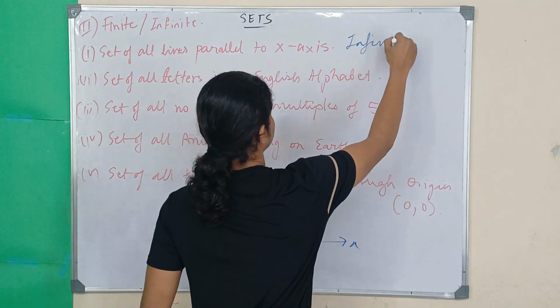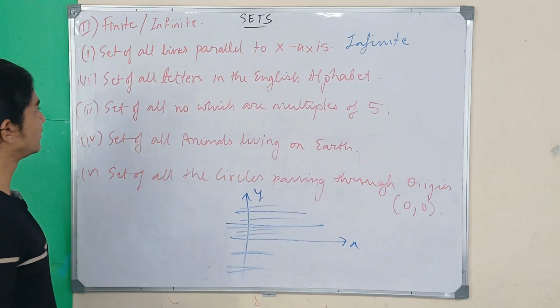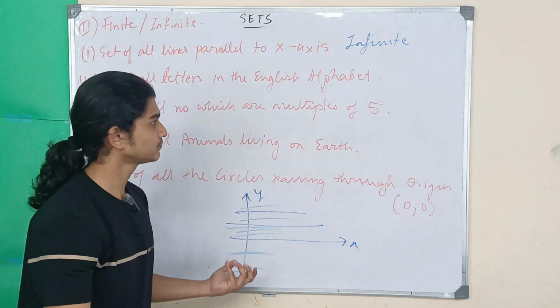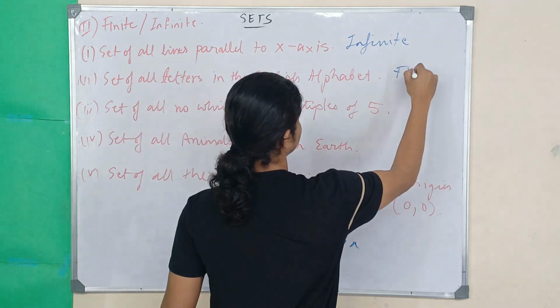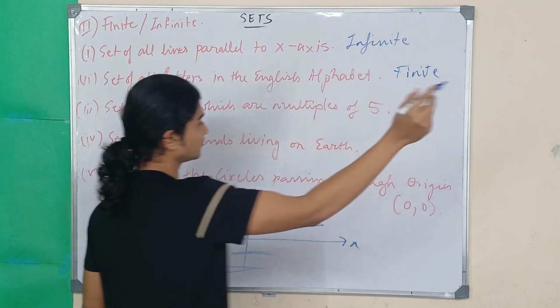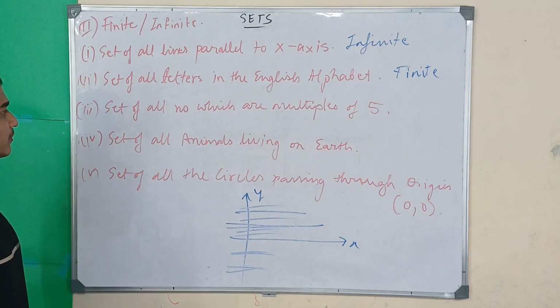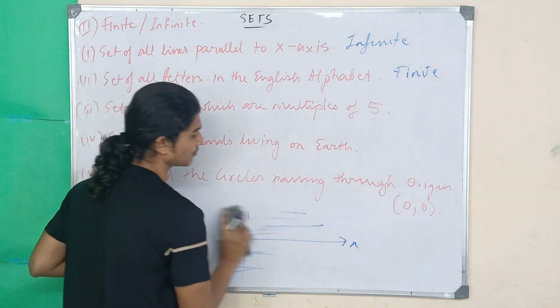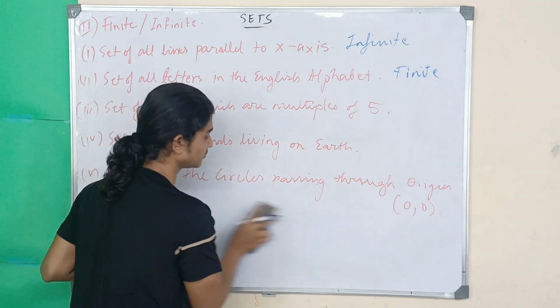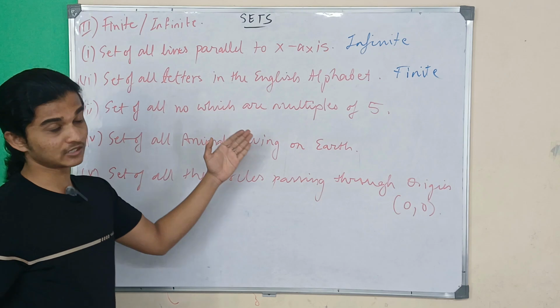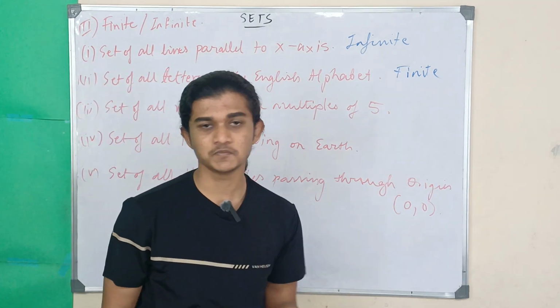Infinite. And the next one is the set of all letters in the English alphabet. Of course, it is a finite set. It starts from A and ends with Z, so it's a finite set. And the third one is the set of all numbers which are multiples of 5. So what are the multiples of 5? You can use logic or you can use math.